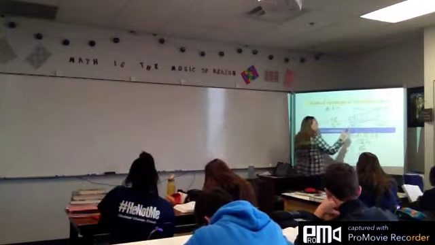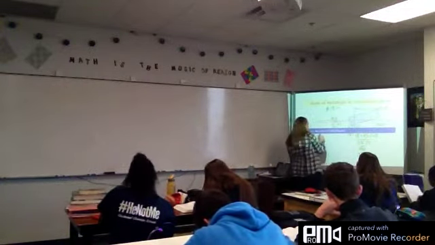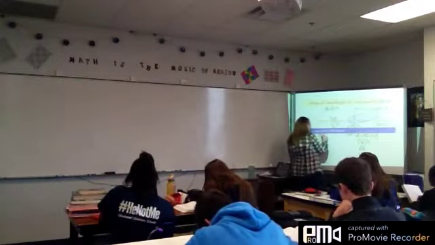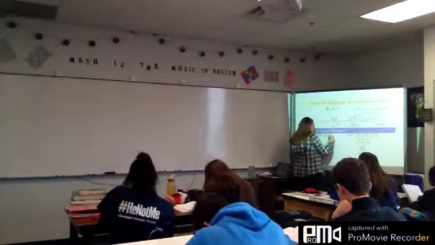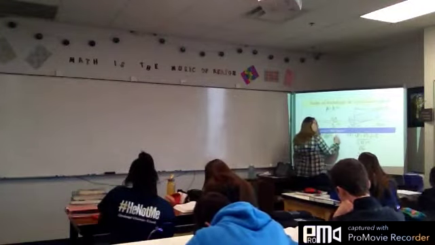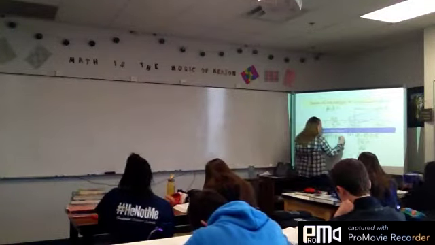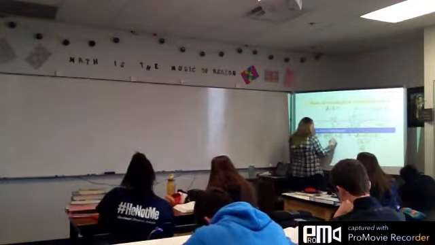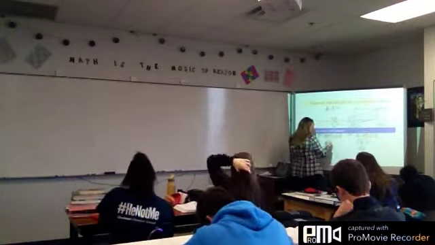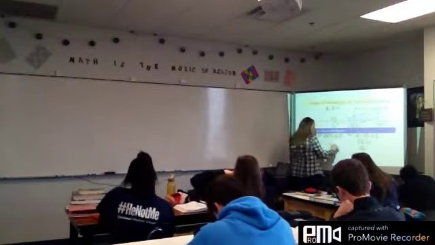And then I need 8, 1, and 7, 4, yeah? So the distance equals the square root of 8 minus 7 squared plus 1 minus 4 squared. 8 minus 7 is 1 squared, which is 1, and then -3 squared, which is 9.